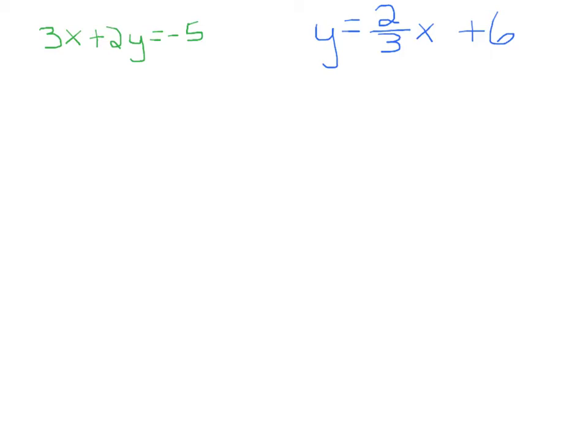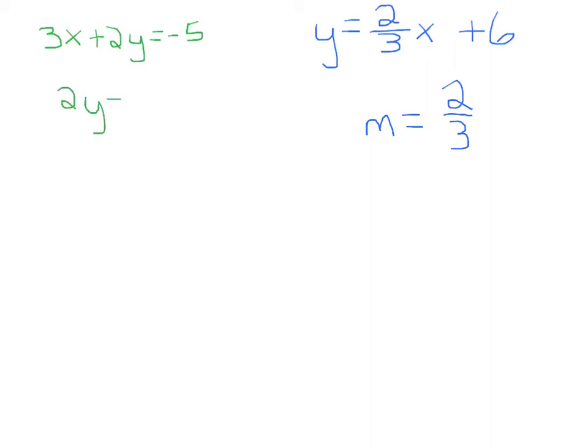3x plus 2y equals negative 5, and y equals 2/3 x plus 6. Let's look at the blue equation first because it's already in slope-intercept form, and the slope is 2/3. And now we have an equation in standard form. Let's move back to slope-intercept. So let's subtract 3x to the other side.